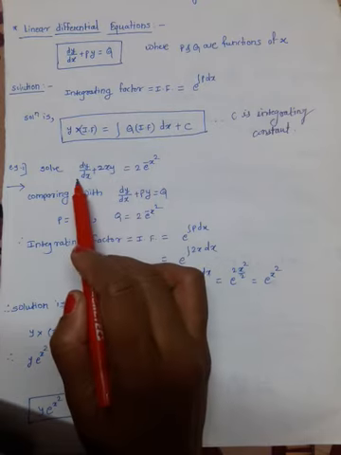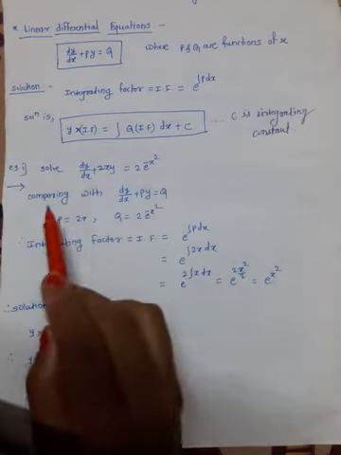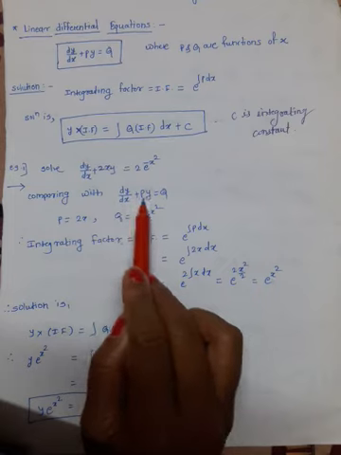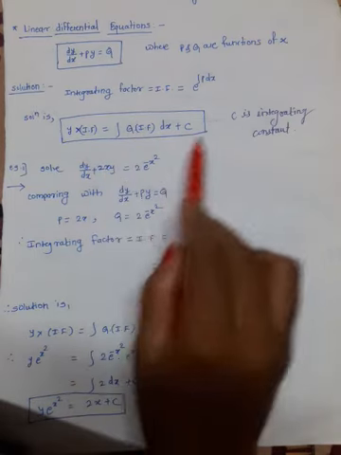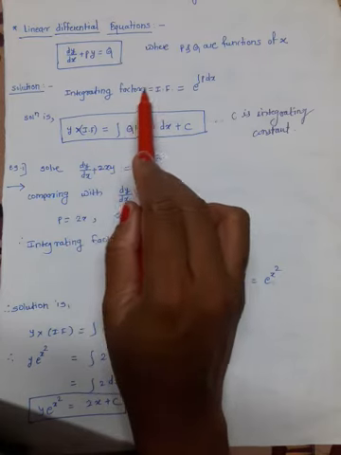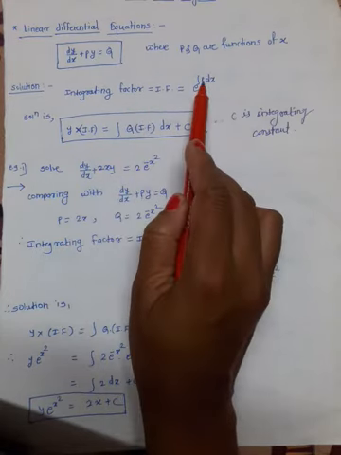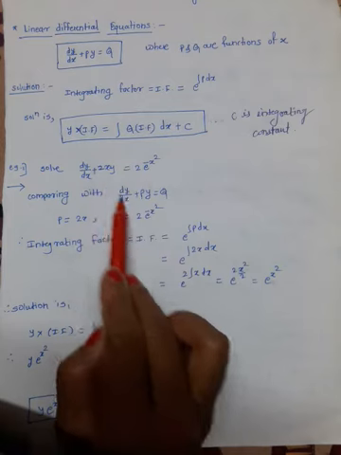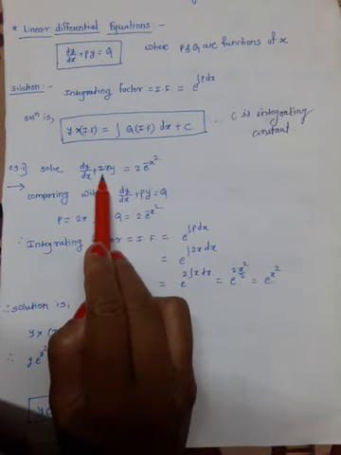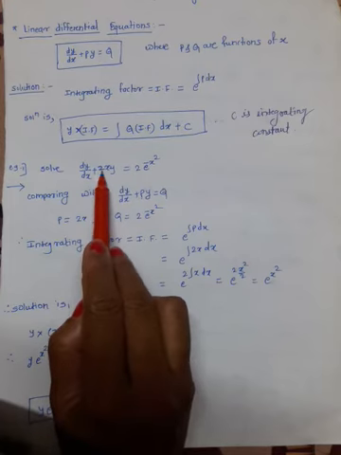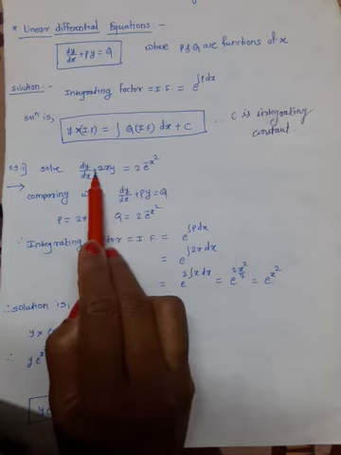Now compare this equation with the standard equation. What is p? We have to find p because the solution consists of the integrating factor, so for the integrating factor we have to find p, and also q. P is nothing but the coefficient of y, including the plus or minus sign.